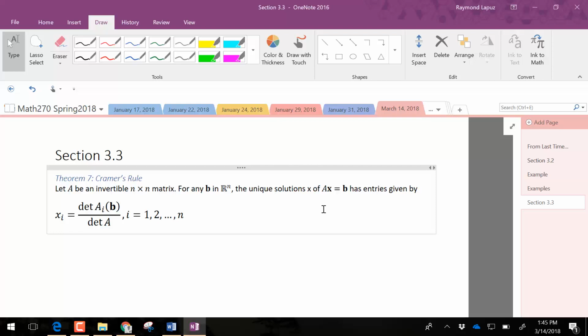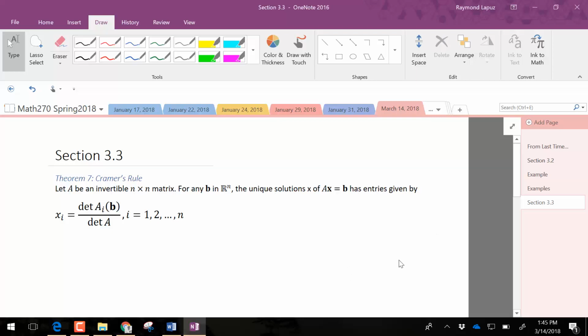So this might seem like a cumbersome way to find a solution, but if you're in the differential equations class, you'll see maybe tomorrow or Tuesday that this Cramer's Rule will be important for us. So let's do a simple 2x2 system of linear equations.